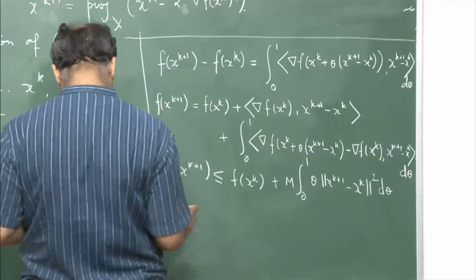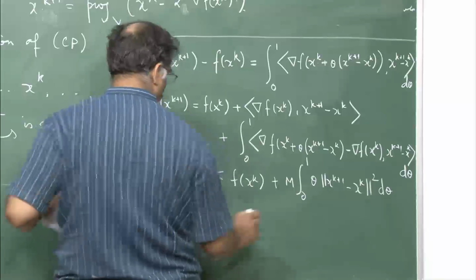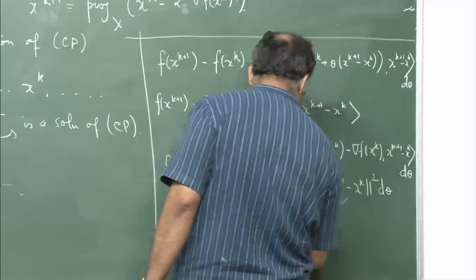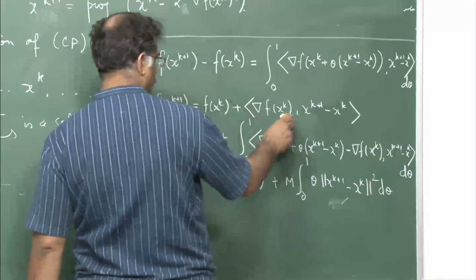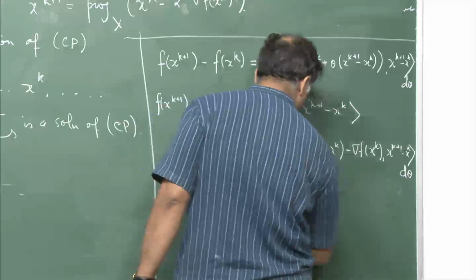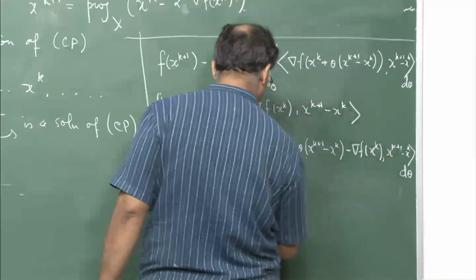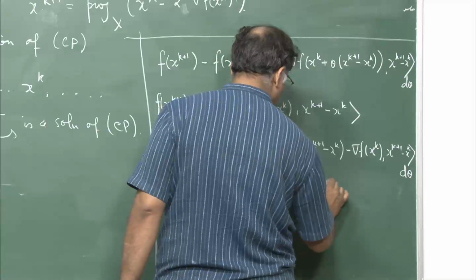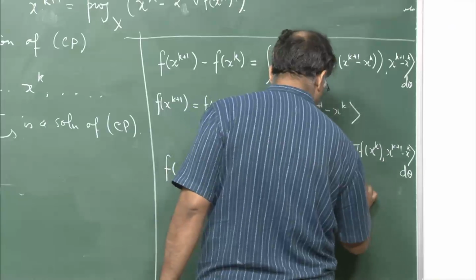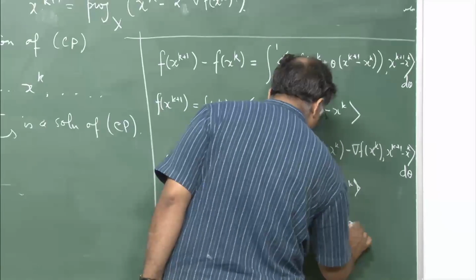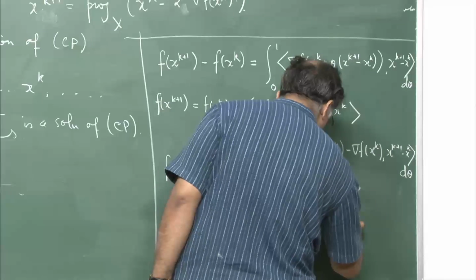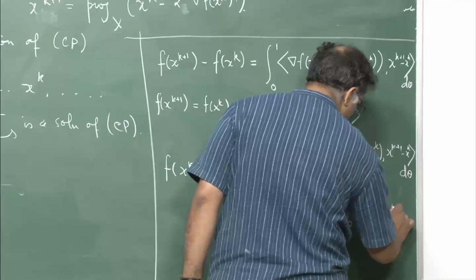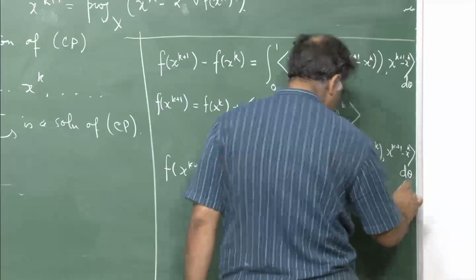So that is what you get here. This will finally give me, of course, with this you have to add another term to this whole thing. I should not forget this term, so maybe I should write it in a better way. x_k plus m times the integral from 0 to 1 of theta times the norm of x_{k+1} minus x_k, whole square, d theta.